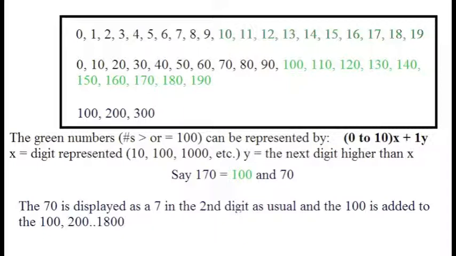When we do this, we only have to identify around 20 unique binary combinations to represent all the numbers from 0 to 300. I think that's pretty good for the system that I have there.